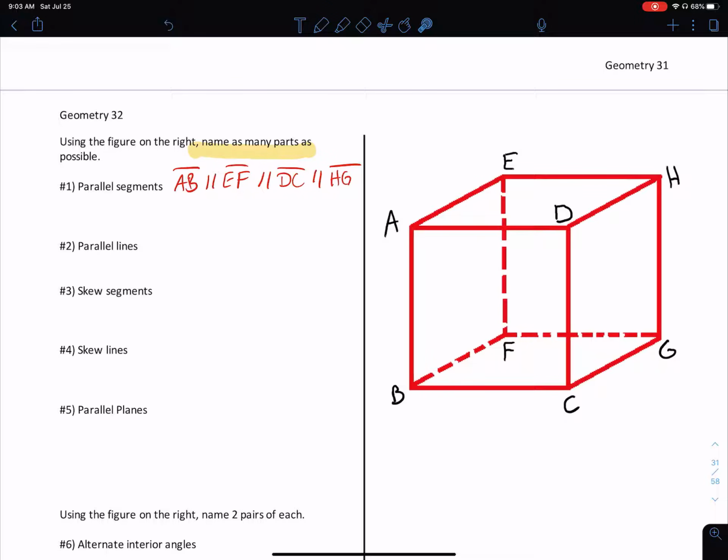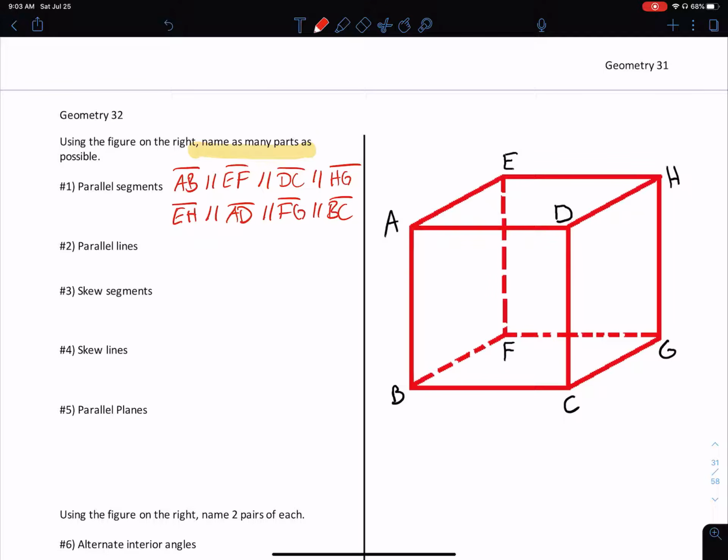Let's name another group. So if I take all the horizontal ones, we got segment EH, AD, FG, and BC. And then we could also name another group of 4, these ones that are on a diagonal. We're not going to name all those. So let's just do the horizontal ones. Don't just write these down. Look at the figure when you're done writing this down and confirm that those are parallel to each other.